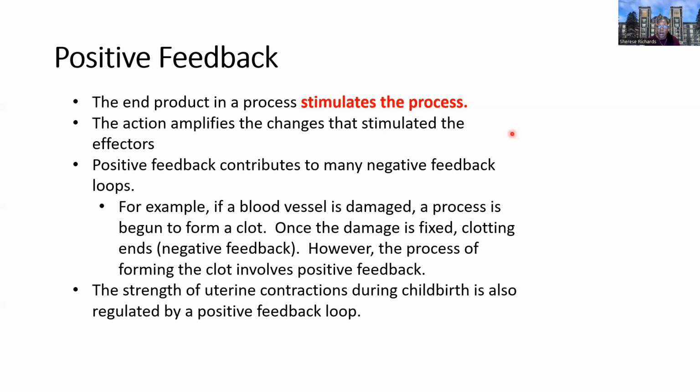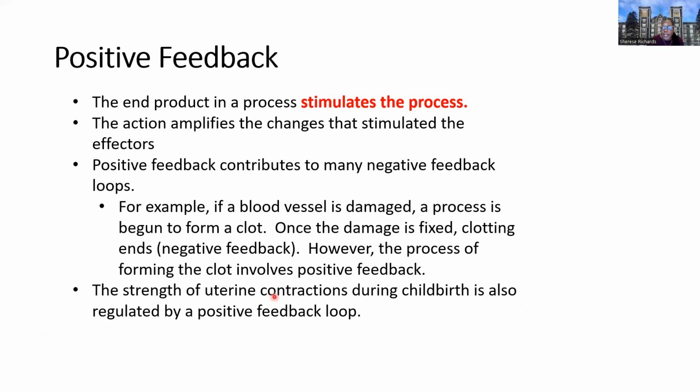And then the ultimate end to that cycle will be a negative feedback loop when the clot is formed and the bleeding stops. So in order to think about positive feedback loops, think about them as being an intended amplification of a change for a short period of time that actually falls within a bigger negative feedback cycle.